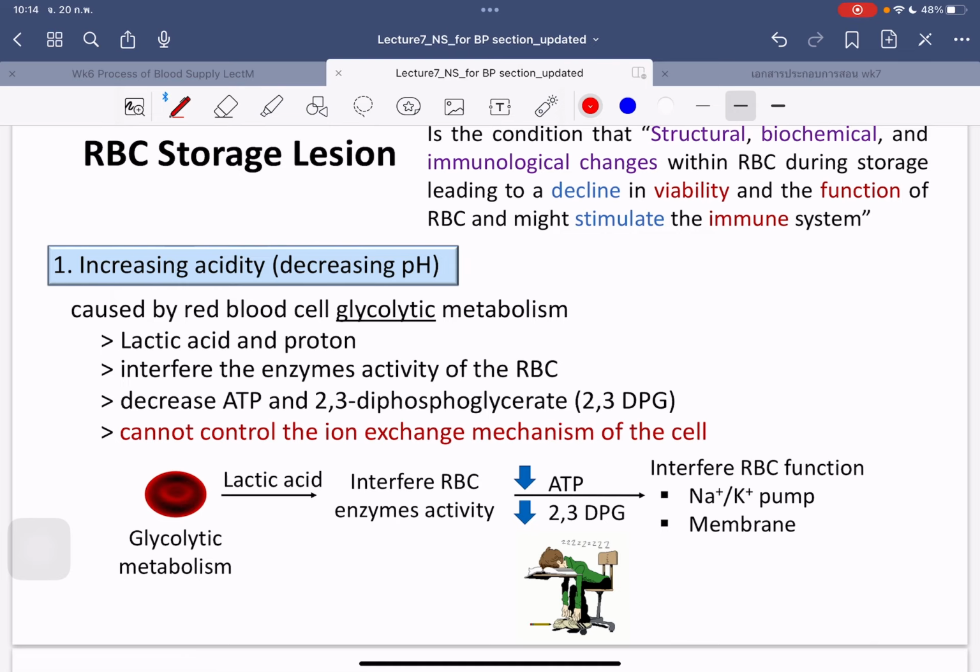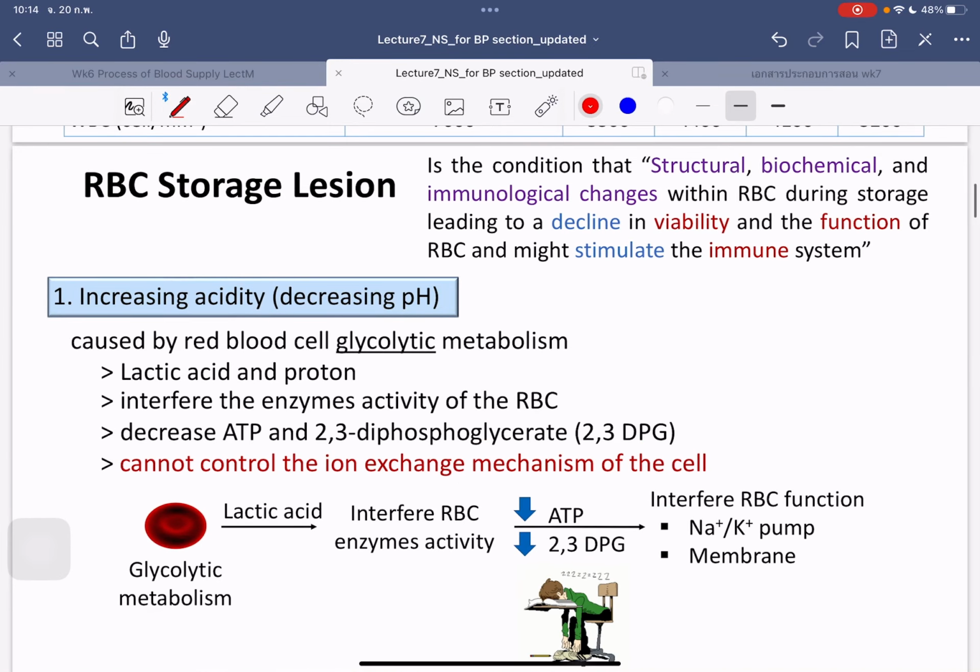Understand what the structural change is if you keep red blood cells for a long time. Do you think it's going to change or it's going to be normal? Change. Because you believe me that it changes, right? Okay. So the second one, biochemical change.